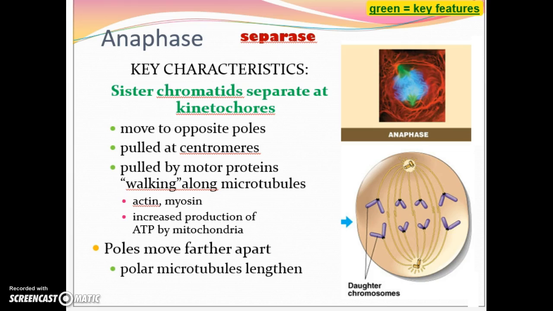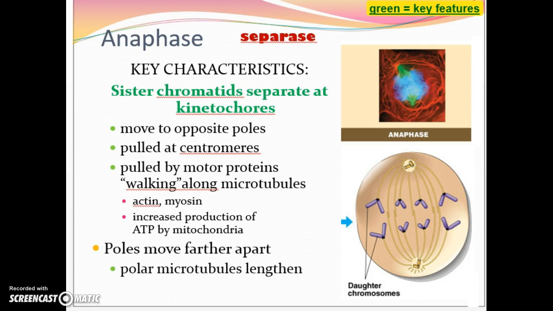Other researchers have shown that the chromosomes are reeled in by the motor proteins at the spindle poles, and that the microtubules then depolymerize as they pass by the motor proteins. It actually depolymerizes the microtubule.